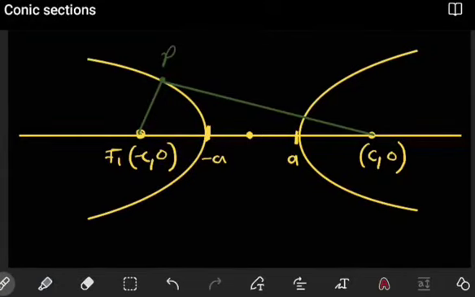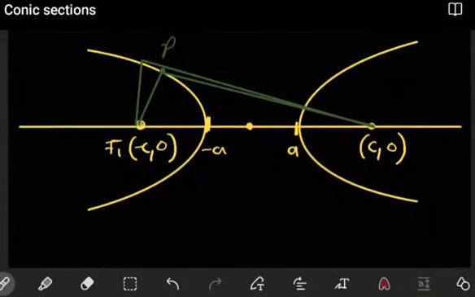Such points, whose difference will always give you the same thing, form what we call a hyperbola. So if this gives you some difference, and we go to a second point here and again to the second focus, if it falls on the same hyperbola, it should reduce to the same constant.